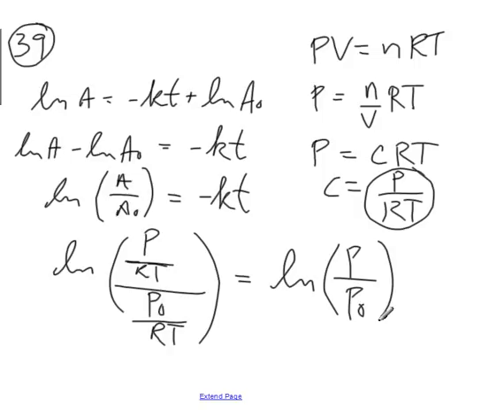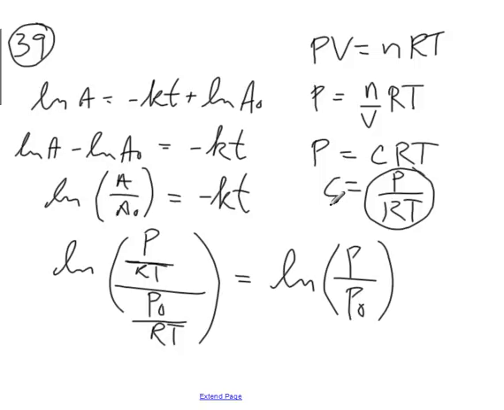Brandon? I don't understand how you went from the natural log of A minus the natural log of A0 down to the natural log of A divided by A0. Over here we said that concentration is P over RT. So where it says concentration of A, we replace it with P over RT. Is that how I went from minus to dividing? Okay, that's a log rule, right?